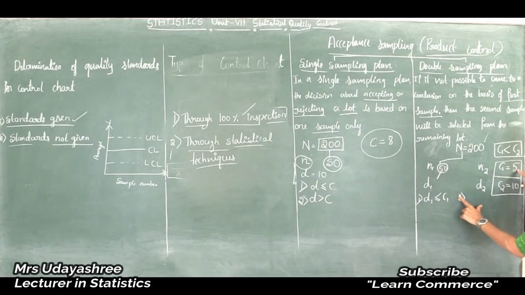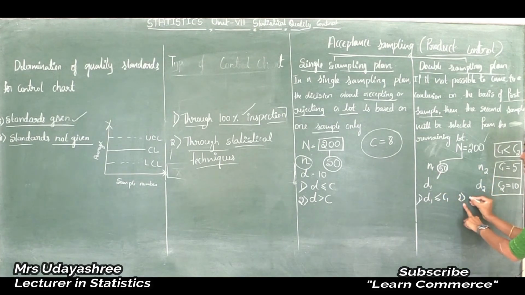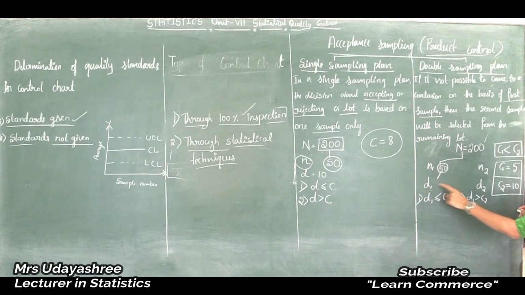Then what about the second condition? See, after examining each and every sample, if I get the condition like this, that is D1 greater than C2, it means the number of defects in the first set is more than 10, more than this acceptance number.